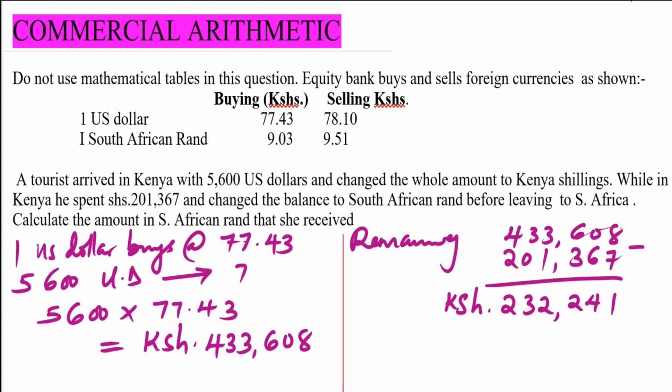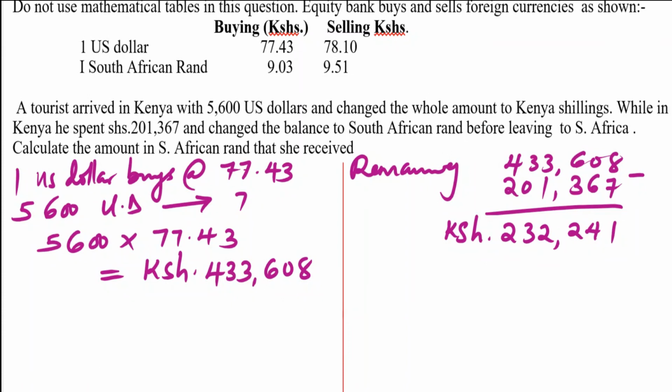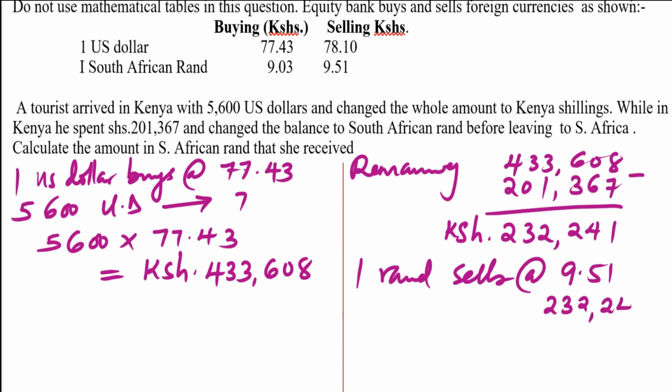Now this amount was converted back to South African rand. Now to convert the Kenyan shilling to South African rand, the bank will sell the rands. So from the rates, 1 rand sells at 9 shillings and 51 cents. So what about these Kenyan shillings, which is 232,241 Kenyan shillings.